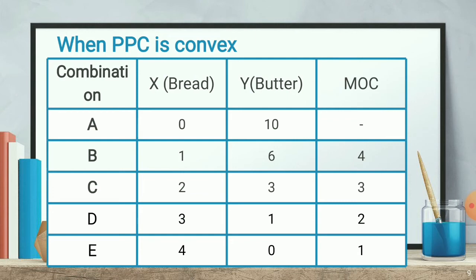Now butter has only 6, meaning around 4 resources were used in the production of X commodity. Similarly, for the additional unit production of 2, it has sacrificed 3. Now this 10, 6, 3, 1, 0 is again a huge fall in the production of butter. The resources are falling, more fall.